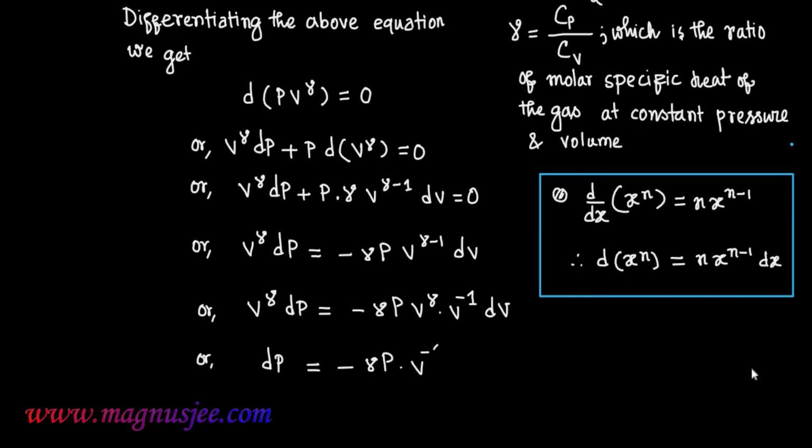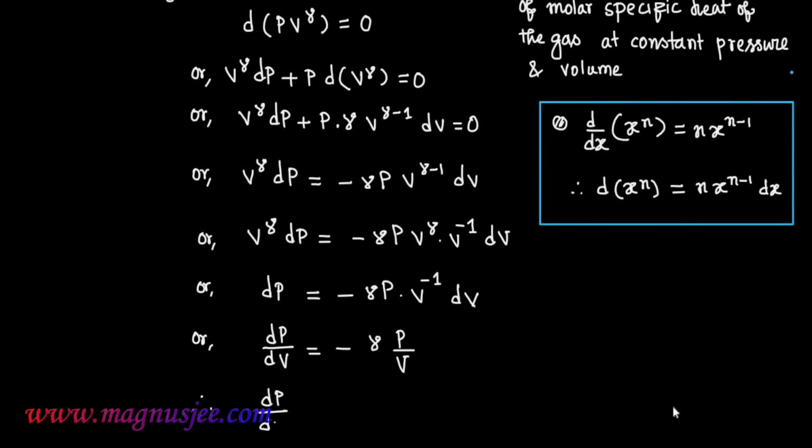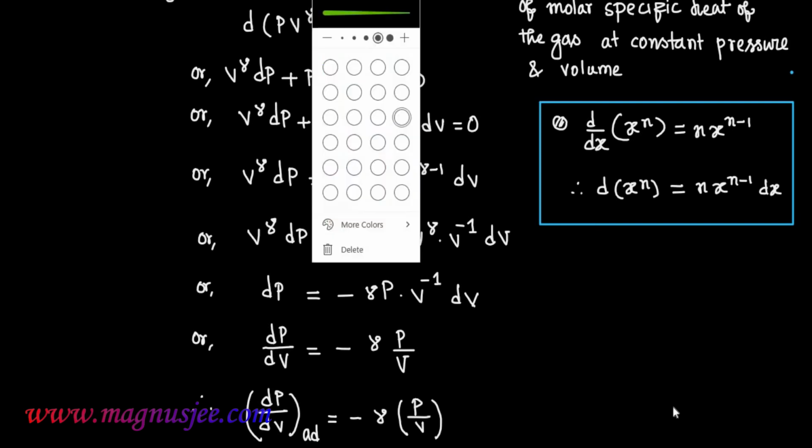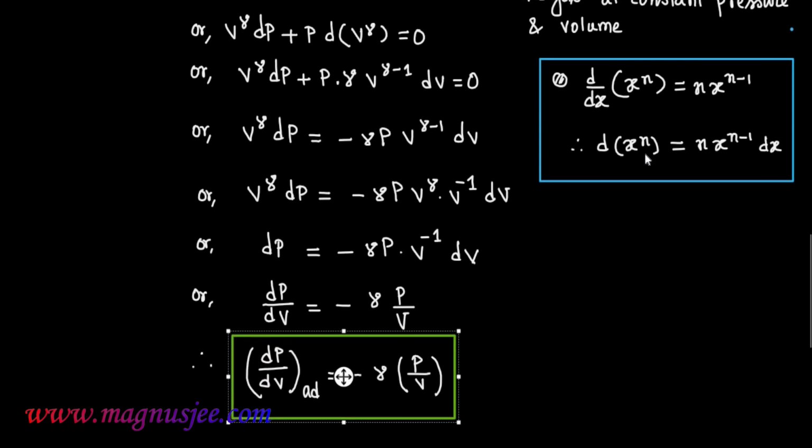or dP equals minus gamma P V to the power minus 1 dV, or dP by dV is equal to minus gamma P by V. Therefore (dP/dV) ad is equal to minus gamma P by V, which is the slope of the adiabatic curve.